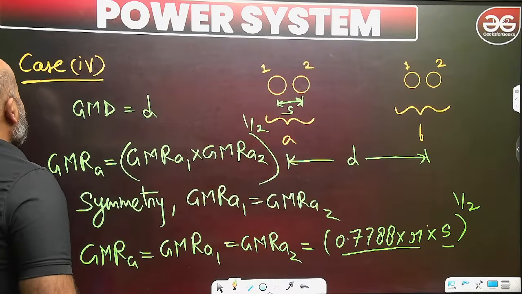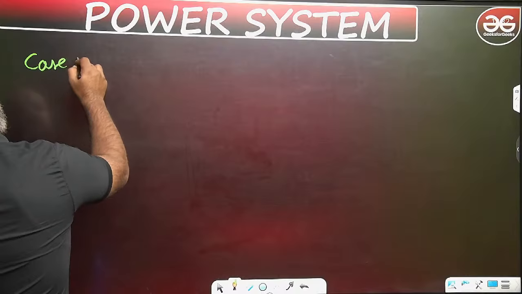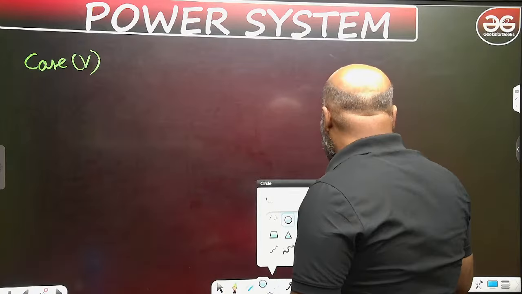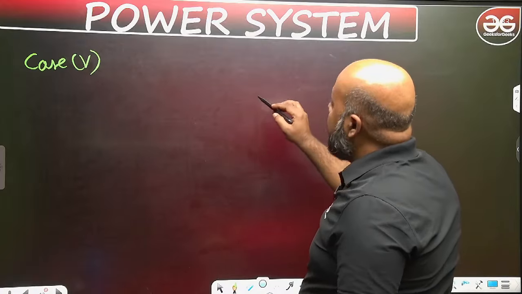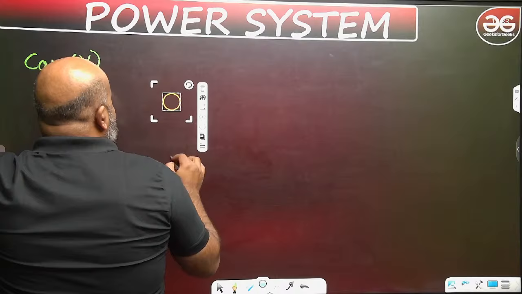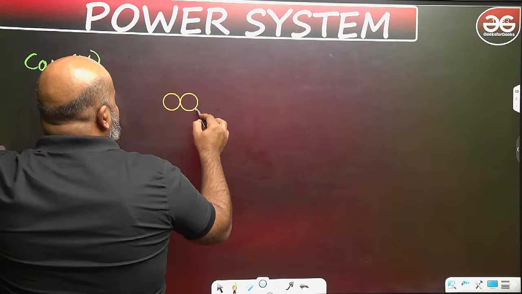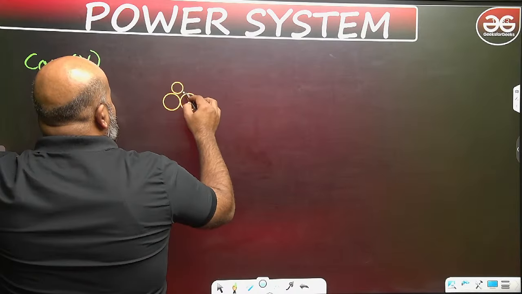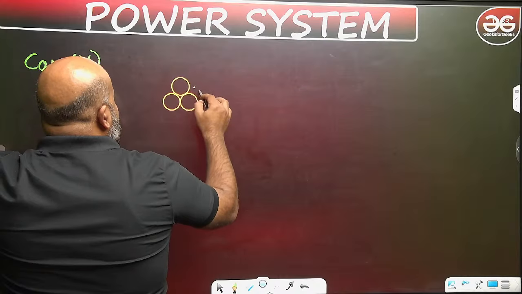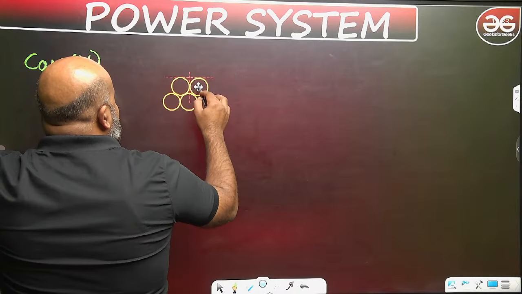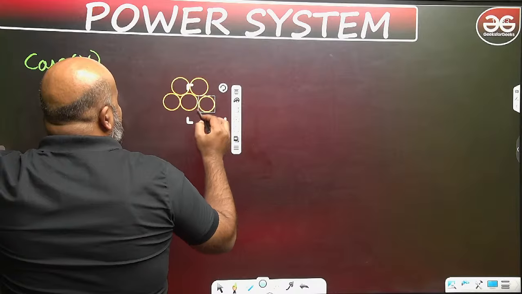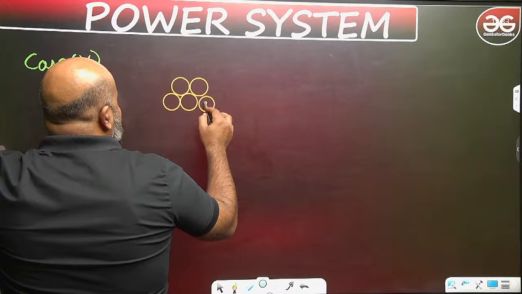The next case we can discuss is the GMR in case of stranded conductors. So if it is a two-layer stranded conductor, can you tell me in the comment section how many conductors are going to be there?